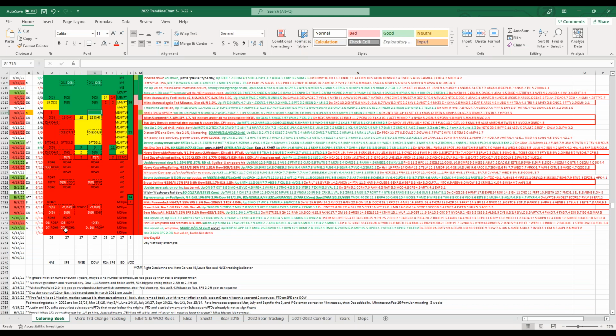So all the indexes have a rally day in place as of Thursday. So the earliest we're looking for follow-through days will be on Tuesday of next week. Market school exposure model remains at 0.